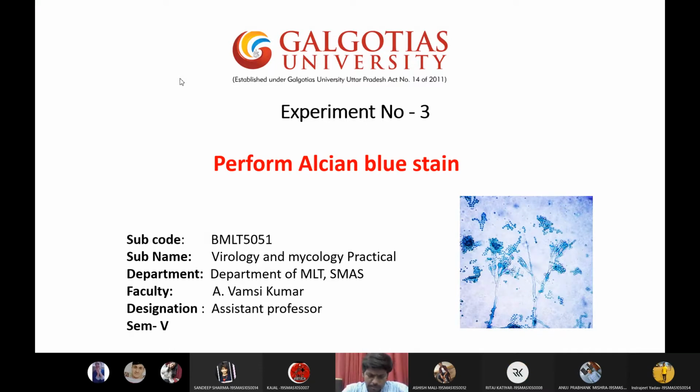Now, can we detect specific components in the cell? Like, I have glycogen in the cell. I need to stain only the glycogen part of the cell. I don't want to stain the complete cell. Is it possible? Maybe it is possible.